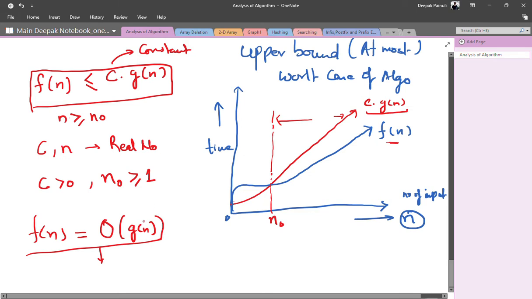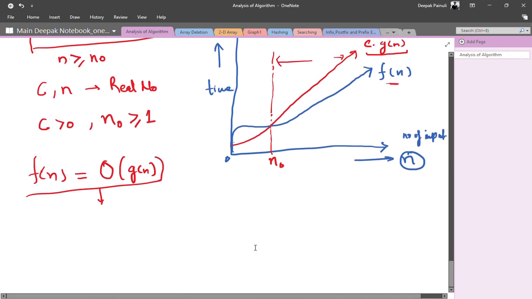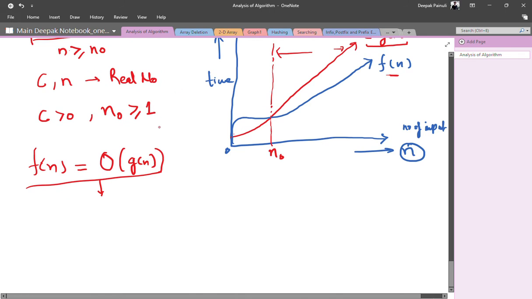So let us take an example, then only you will understand it. Otherwise mathematically you will say that I am not getting it, sir. Okay, so let's say our algorithm is performing on this function. Our base function of our algorithm is fn equals 3n plus 2.